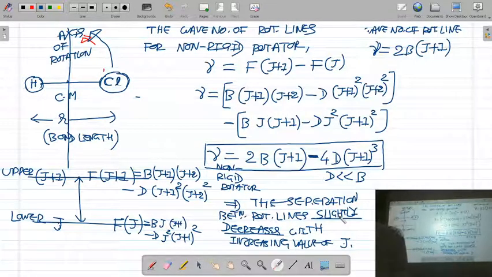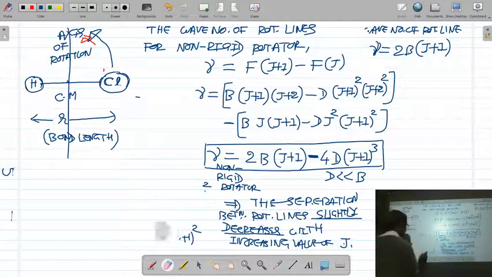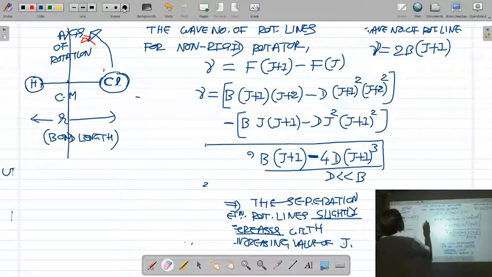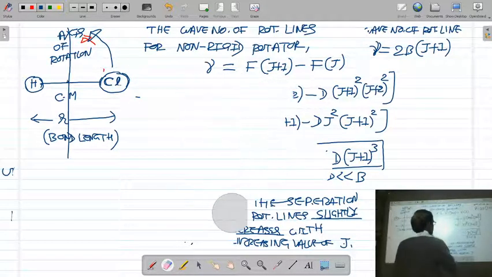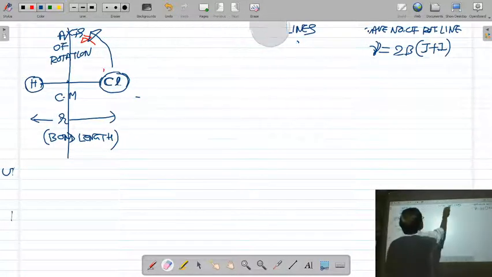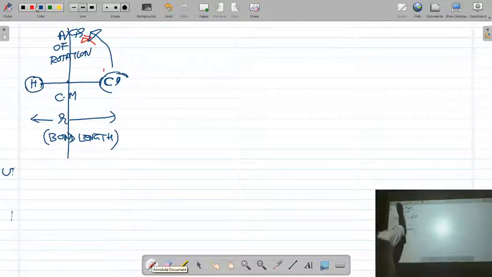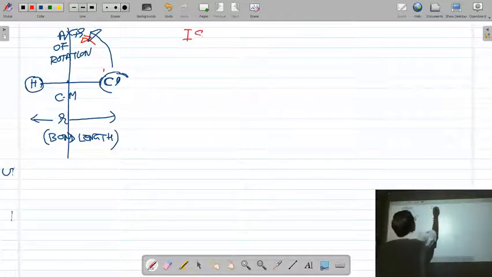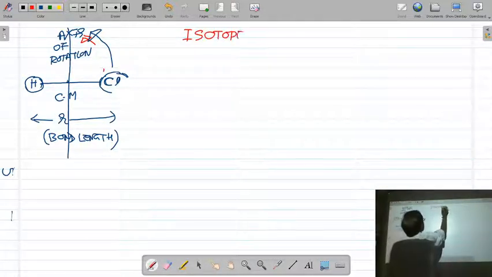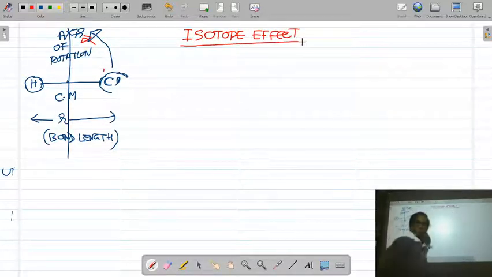Okay, and the last article is the isotope effect. You know different isotopic molecules.